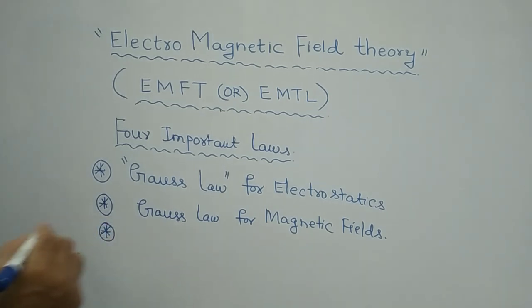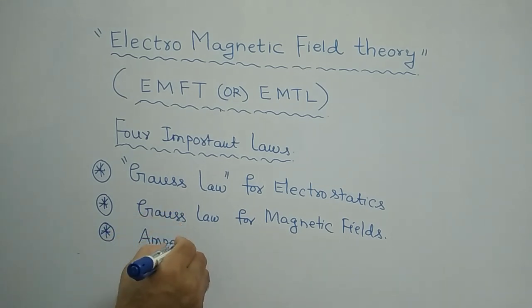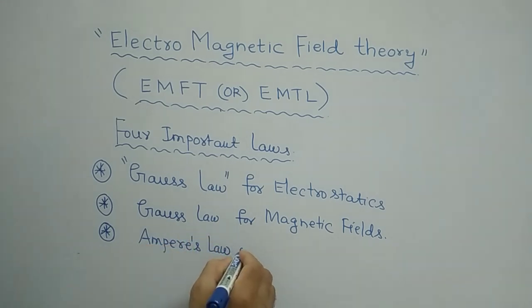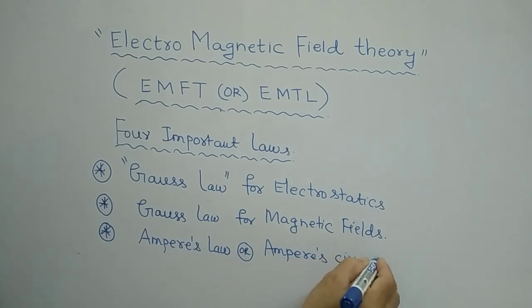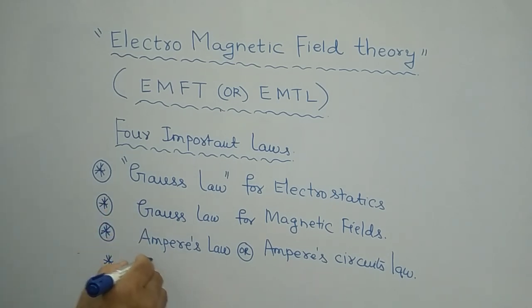The third law is Ampere's law, also sometimes called Ampere's circuit law. Both are the same. There are two names normally. Ampere's law or Ampere's circuit law is the third law, and the fourth is Faraday's law.